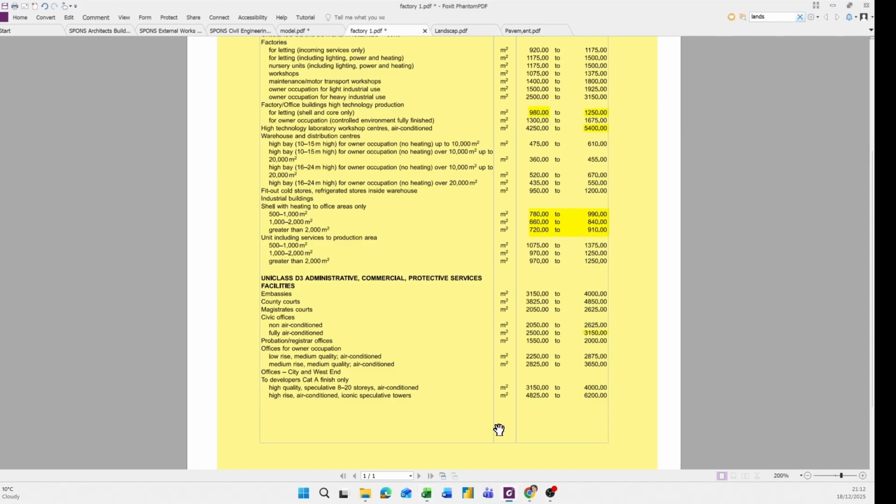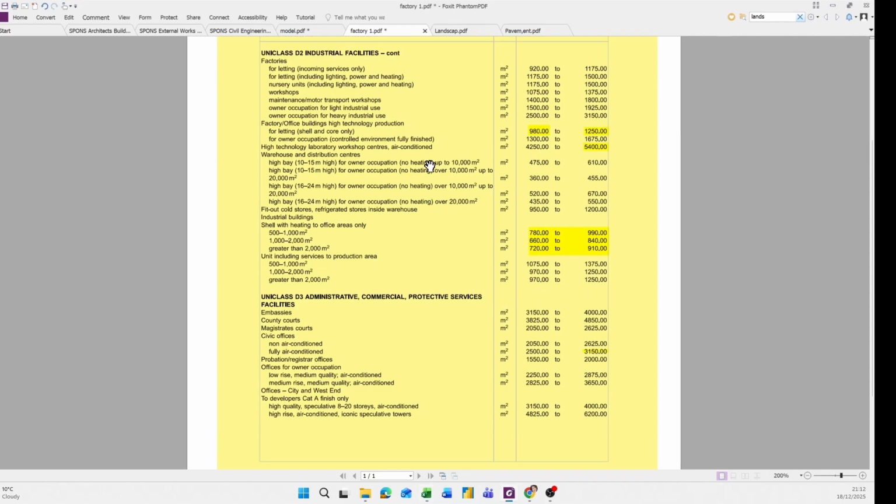So where do I get this information? You see here the same office and factory building per square meter 980, and here some other office, non-air condition, per square meter 3150.